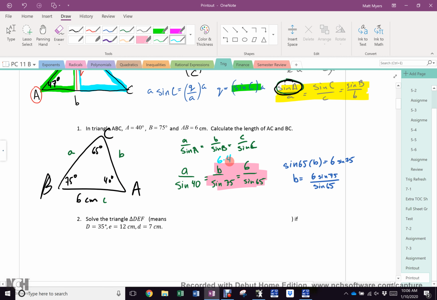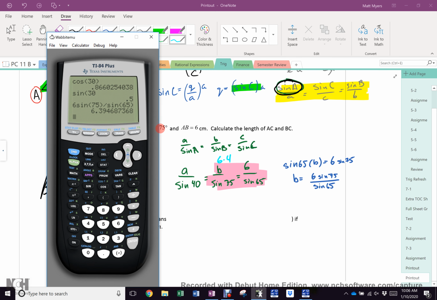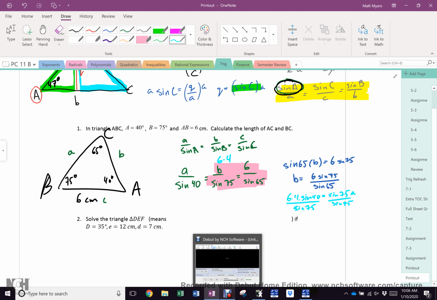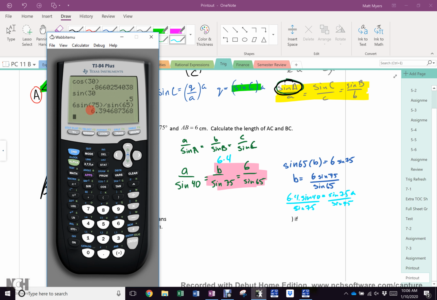Right? Now, stop for a second. Your calculator has this. You've rounded it off to 6.4. What do I need to do over here? Same thing, yes? Cross multiply. So 6.4 times sine 40 is going to equal sine 75 times a. Get rid of the sine 75, divided by sine 75. Now, I already have that answer on my calculator, right?